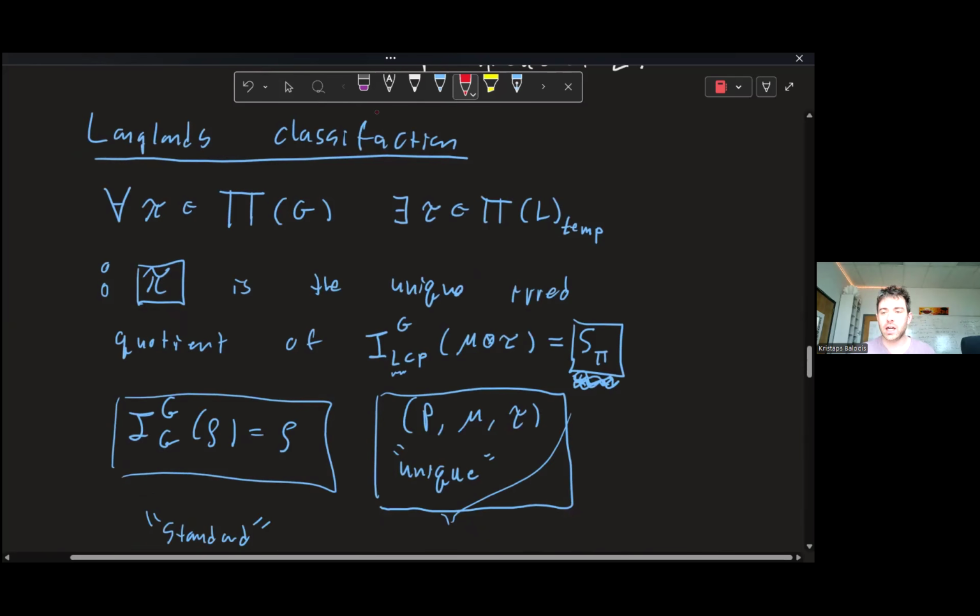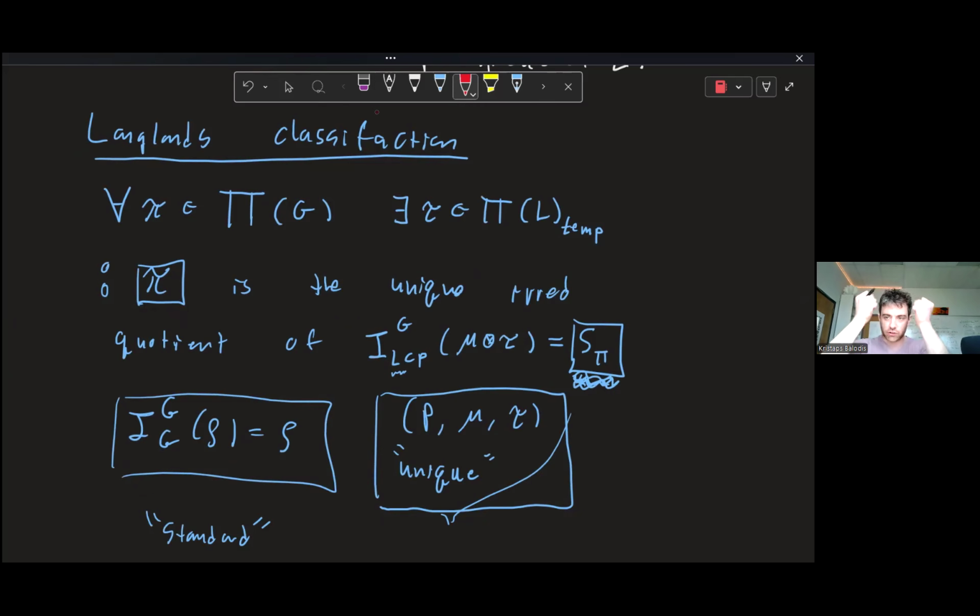The big pull for us is that in representation theory, we want to understand the irreducible representations. These are the atomic constituents, not built out of any smaller representations. The big thing for us was the Langlands classification theorem, which more or less says, given any irreducible representation pi, I can find this special induced representation S pi, which I'll call the standard representation, that has a unique irreducible quotient, and that unique irreducible quotient is pi.